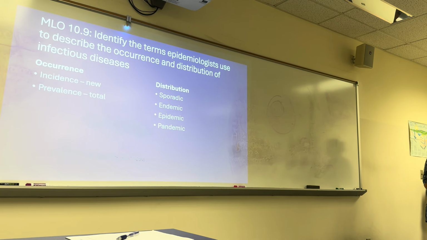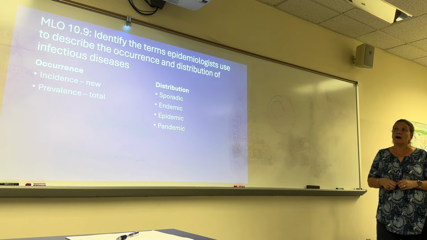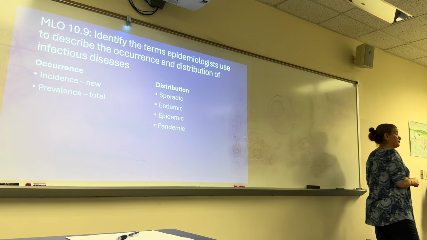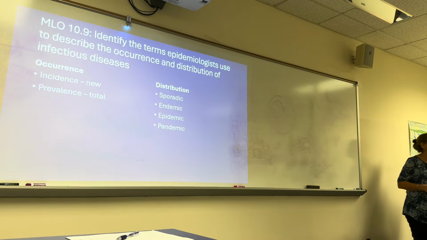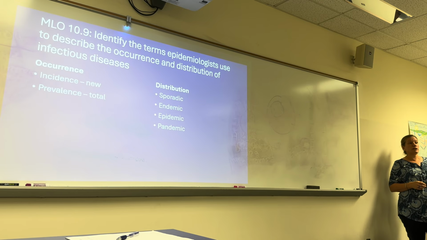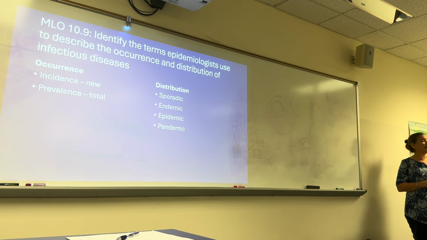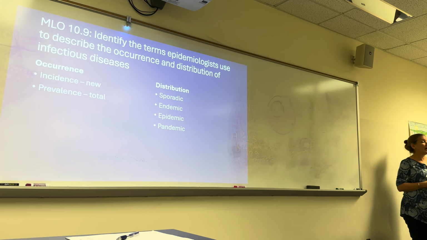The individual who first really brought in that idea of epidemiology was Snow. John Snow mapped the cholera epidemic in London in the mid-1800s, which led to the identification that the water supply was the source of the cholera epidemic that was happening.